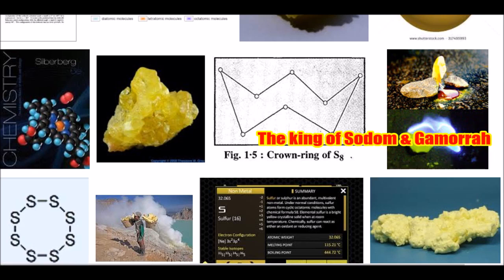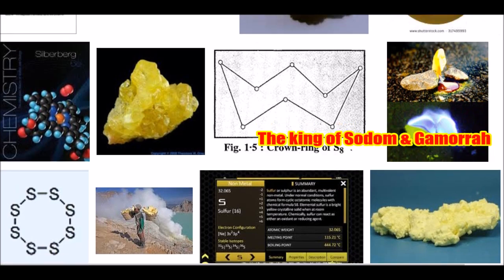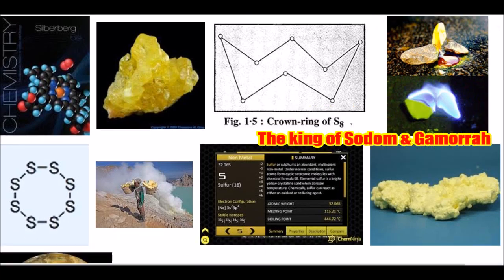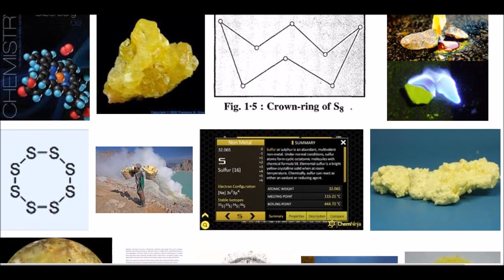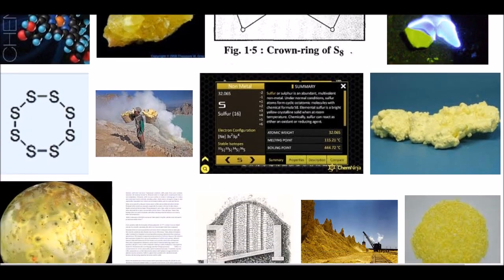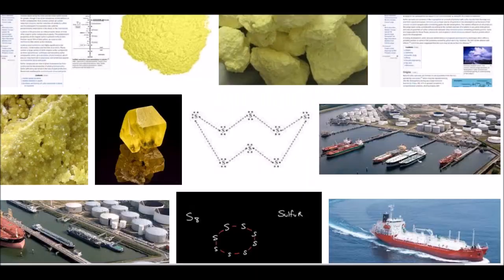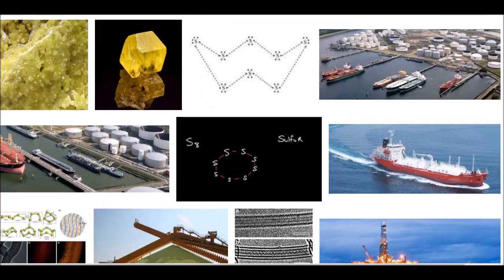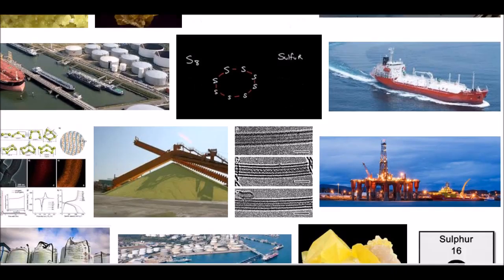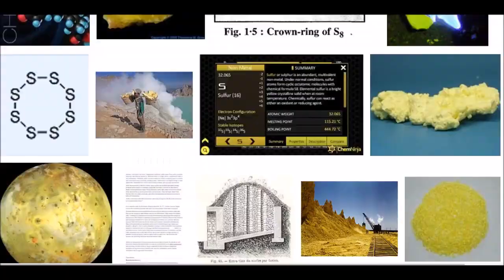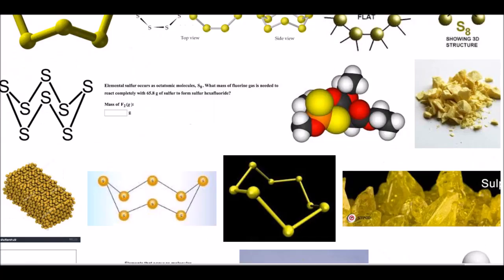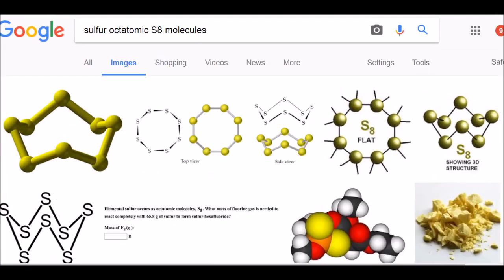This is the S8 stable molecule of sulfur that is an antiprism. And what you're looking at is the as above, so below. Sulfur, the crown of the devil. King on earth for a while.